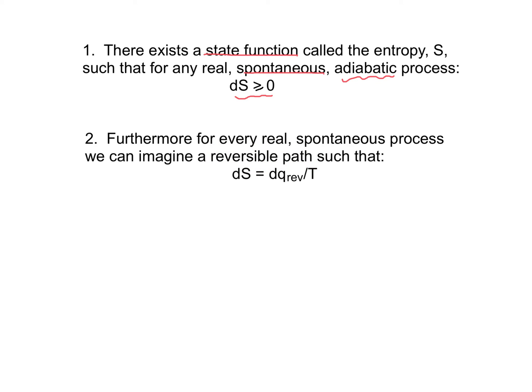So for any irreversible path, dS will always be greater than 0, but when we carry out a spontaneous adiabatic process under reversible conditions, that's when the equals sign holds.